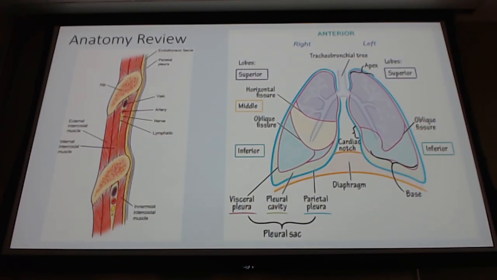Anatomy review. So, this is the rib cage. We have the rib, okay? And then we have all of the 3 muscles, the internal, external intercostals, and the innermost intercostal muscle, okay? When we do chest tubes and we want to do rib blocks, it's kind of hard because we never go underneath the rib.